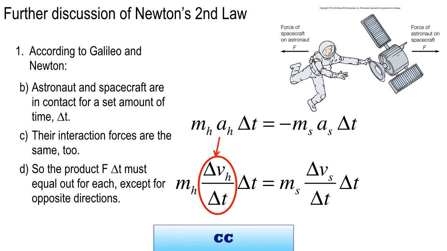Now, each acceleration is delta V over delta T. So delta V for the human divided by interaction time, delta T. And then delta V for the spacecraft divided by delta T over here for the spacecraft. Now, anything interesting you note there in that equation? What do you see? Delta T's cancel out, so we're going to cancel those out in a second.